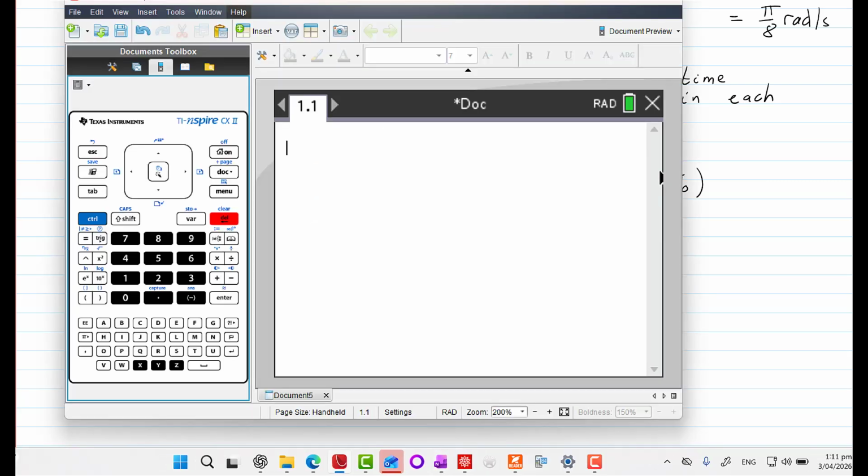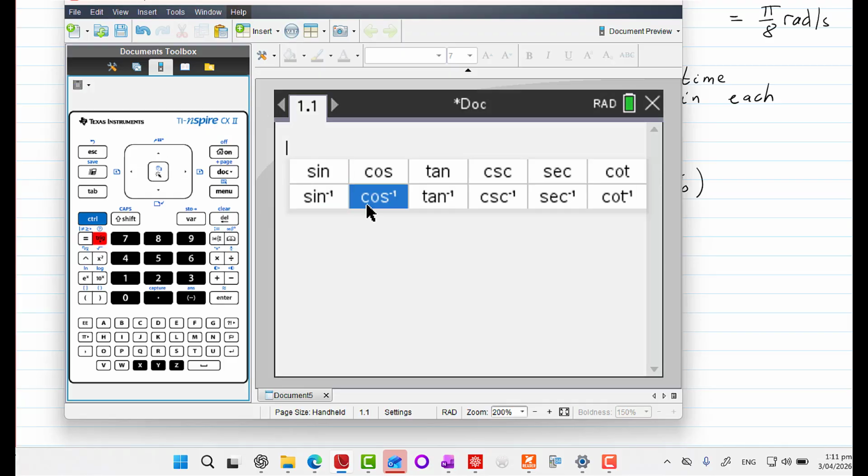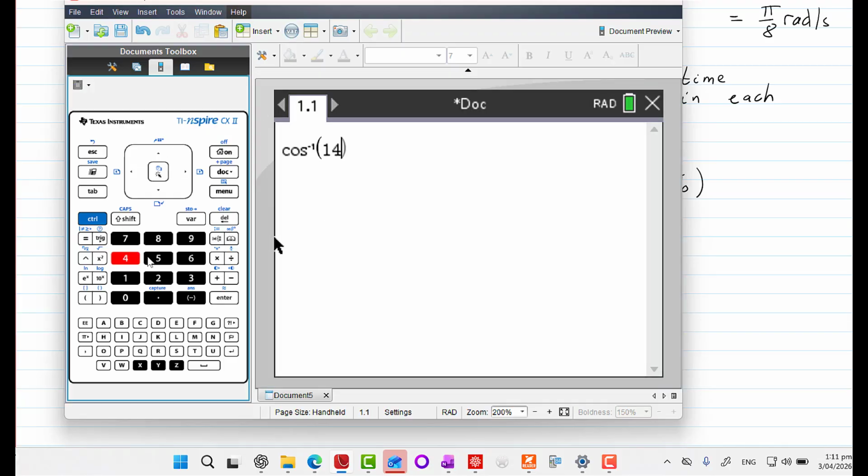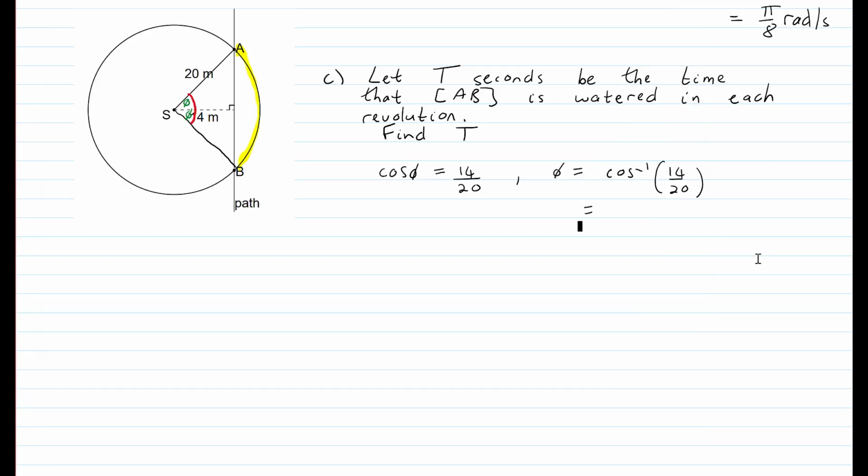So we'll get that up. So we just need to do the inverse cosine of 14 over 20. And it is that there. So we'll make a note of that. Okay, so it is 0.79538 and so on. And we want 2 theta.